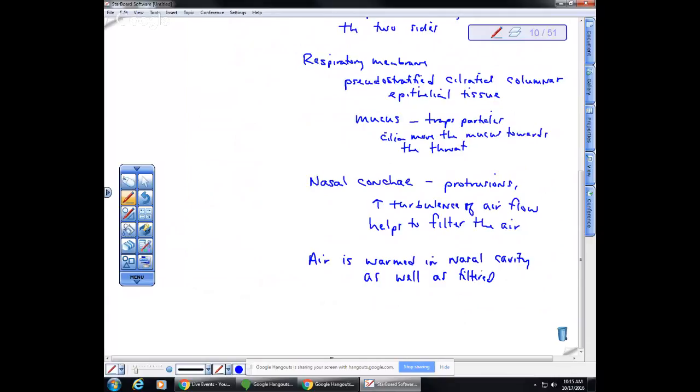Okay. Because if you think about it, when we get down into the lungs, the blood is actually in direct contact with the lining of the lungs. And so warming the air is also a really important function so that we don't have damage to that respiratory membrane and we don't lose heat across the surface of the respiratory membrane either, okay?